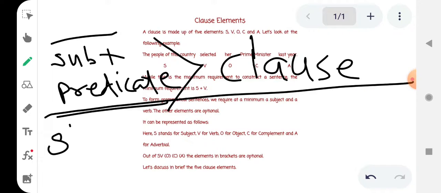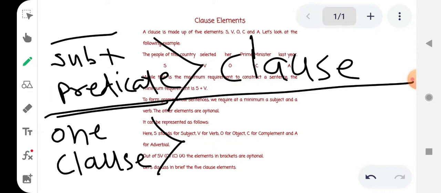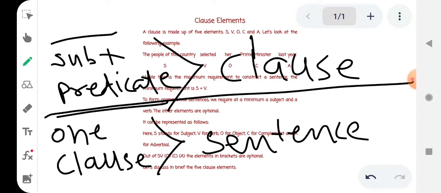At least one clause is required to form a sentence. Understood? Subject plus predicate structure is called a clause, and at least one clause is called a sentence. Because in a sentence there can be more than one clause.